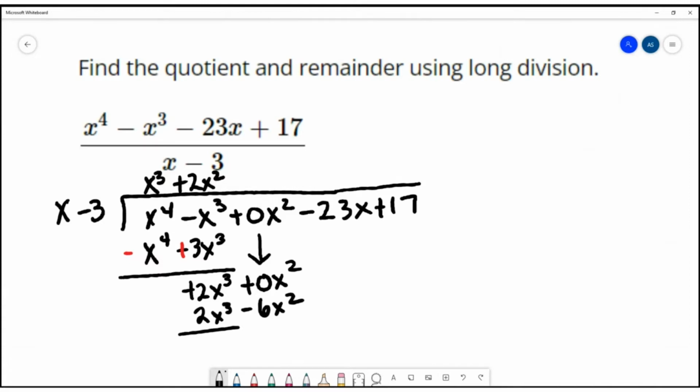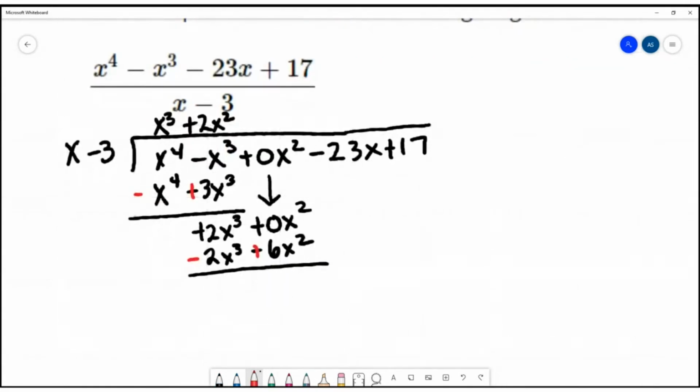And we're going to subtract. 2x cubed minus 2x cubed is 0. And 0x squared plus 6x squared is 6x squared. So you can see our like terms are lined up because of our placeholder that we put in. We're going to carry down the next term, minus 23x.